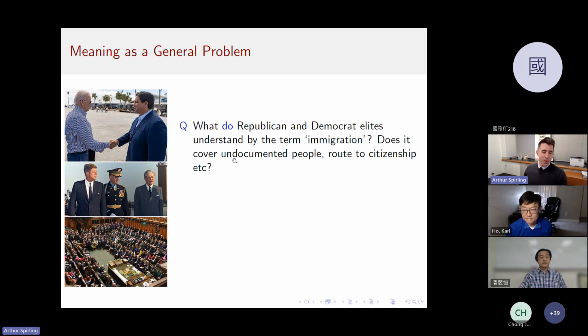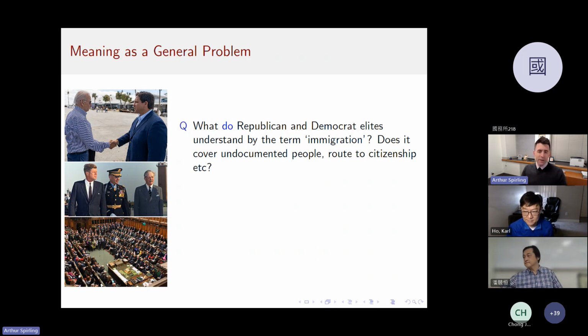So here are just some stock pictures from both modern and old politics. Over here, at the top left, this is Biden meeting DeSantis. So we have a Republican and Democratic elite here, and potentially they're talking about something like immigration.